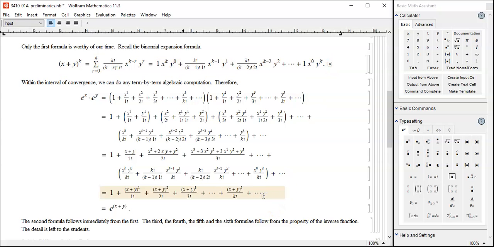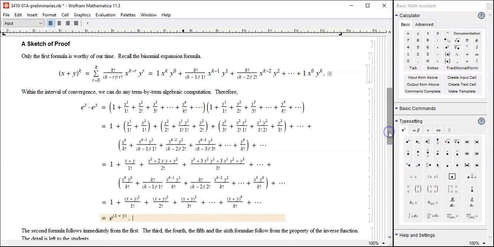We have the Taylor series expansion, 0 factorial, 1 factorial, 2 factorial, 3 factorial, 4 factorial, and so on in the denominator, and in the numerator, x plus y to the 0 power, first power, second power, and so on. We have e to the x plus y power. That completes the proof. The other formulas can be deduced from here, and I'm going to leave those to students as an exercise.